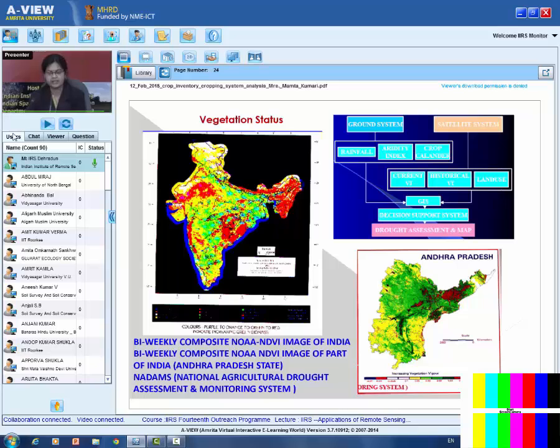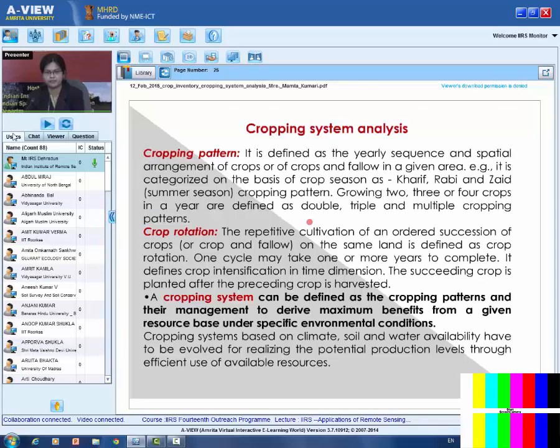They are taking various indices like NDVI, and then various precipitation data from rain gauge as well as TRMM satellite, and then they are using a soil water balance energy model also to consider the soil profile moisture movement. So on all these parameters, they are assessing the drought. Drought has already been covered in different lectures, so I will not go into that.